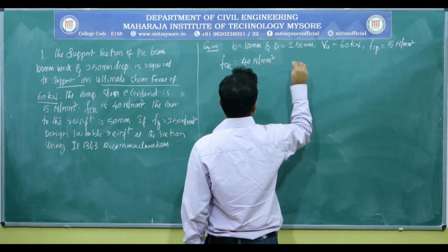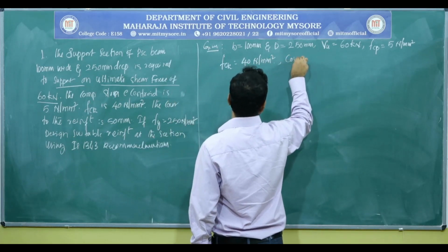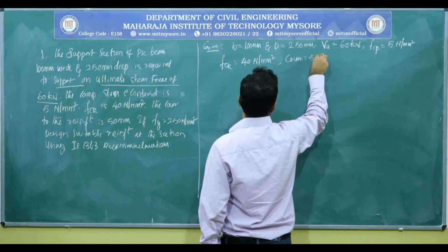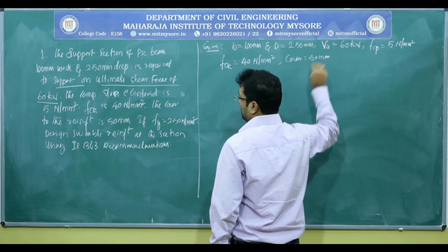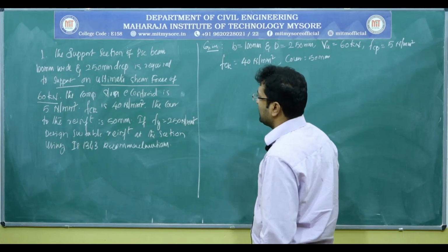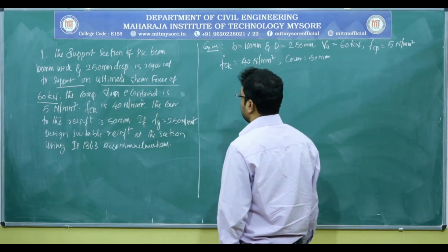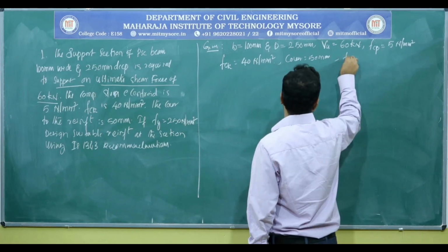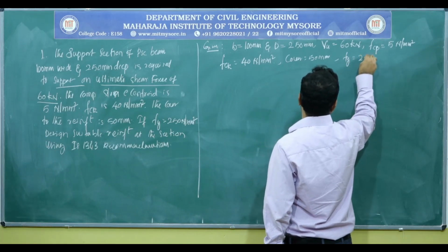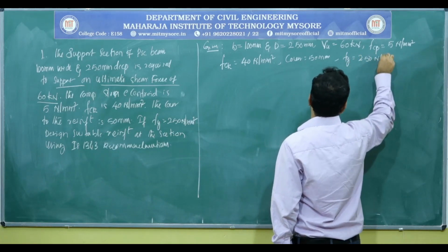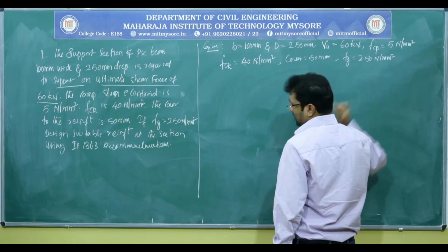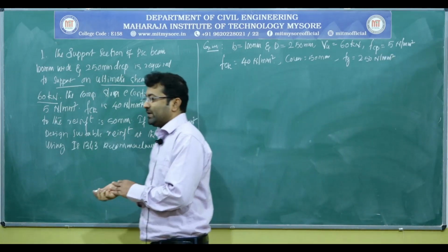They have given the cover as 50 millimeter. Okay, right. So Fy is also given. Fy is 250 newtons per millimeter square. So all this information is given.